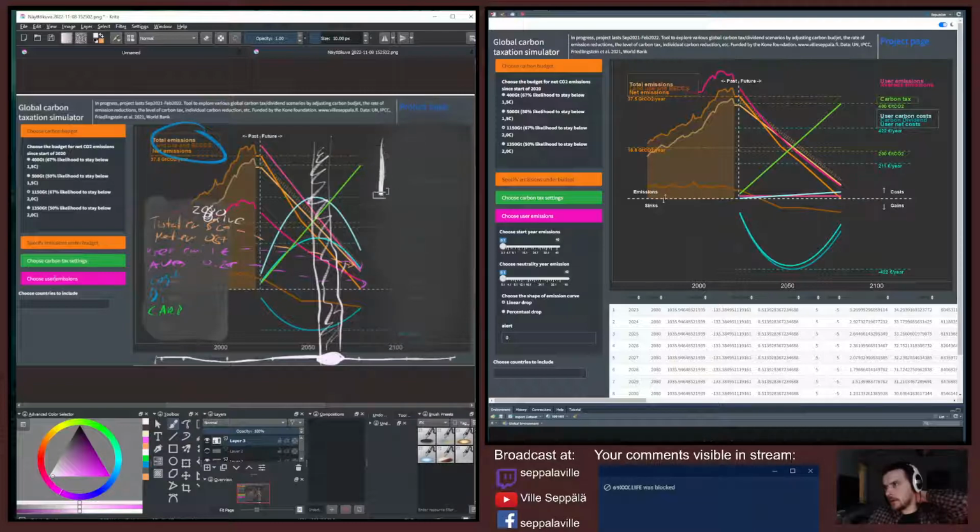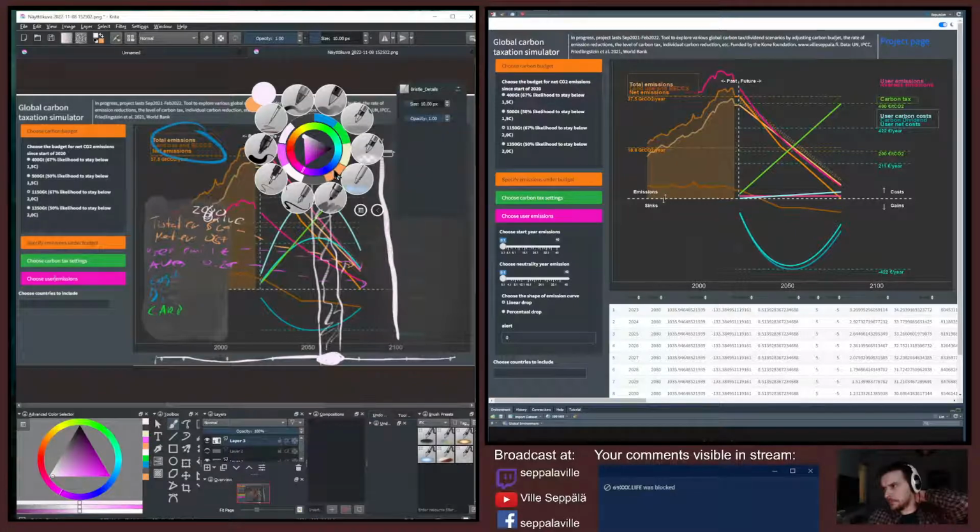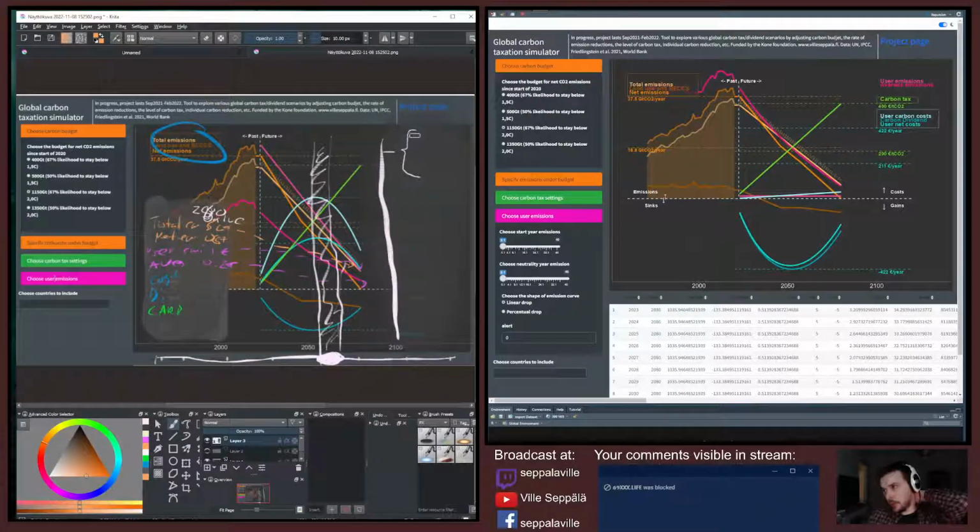I don't know if I can draw a straight line. Okay, that's fine. So here would be the maximum values. We would have this kind of curve or bracket thing, and here as a maximum, 40 gigatons on that scale. Then for the emission scale, the user emission or the average emission scale, this would apply for both of those.